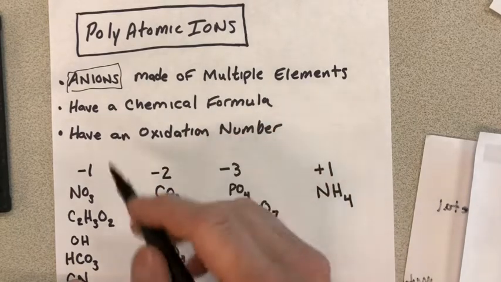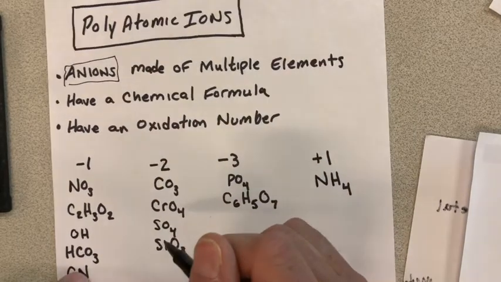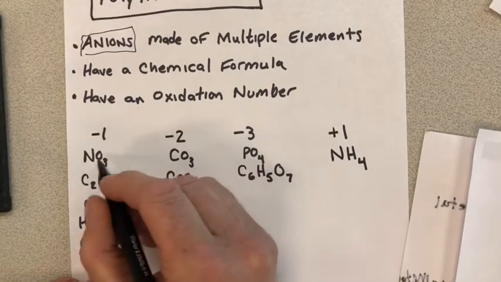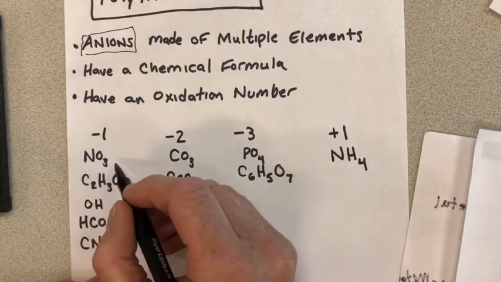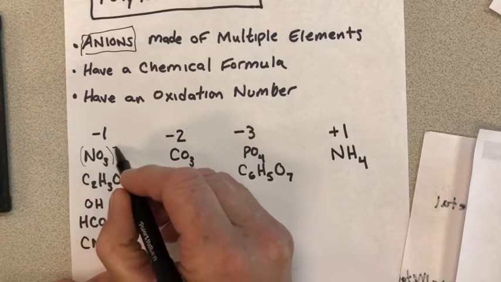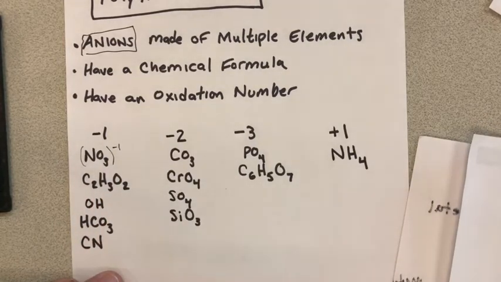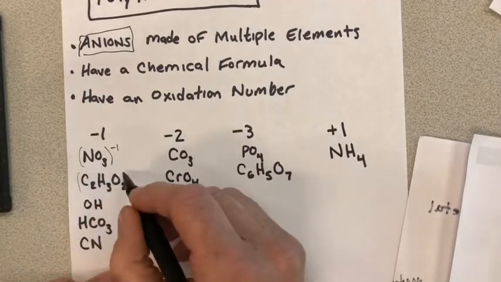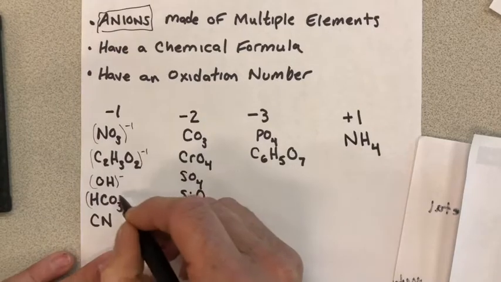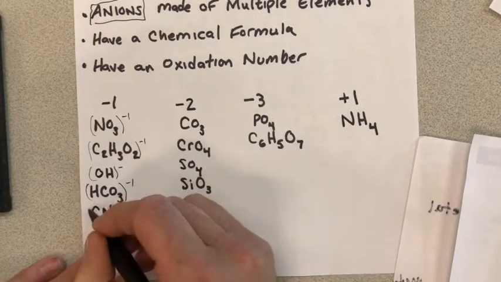And that entire chemical formula has its own oxidation state. So for example, this thing here, NO3, this is known as nitrate. And nitrate has an entire oxidation state of -1. All right, same with this guy known as acetate, hydroxide, bicarbonate, and cyanide.